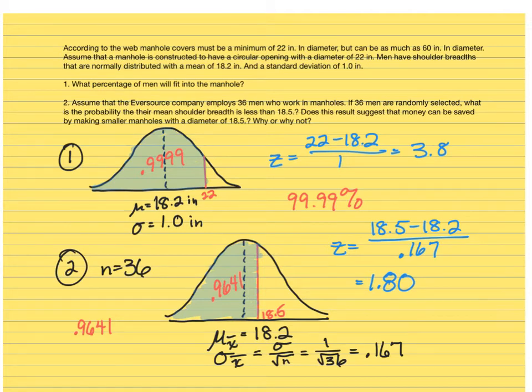So does this suggest that we can save money by making this manhole smaller? Well, if you make the manhole smaller, from 22 down to 18.5, 96% of men can still fit in that. That's probably worth it, right? To decrease the diameter by 3.5 inches.